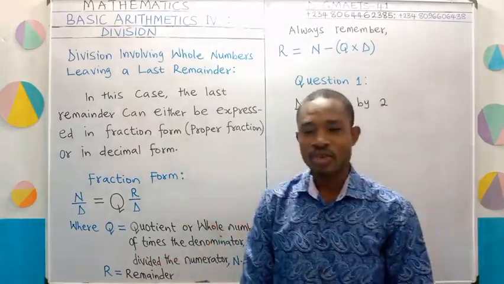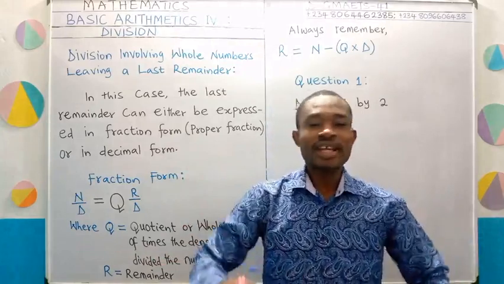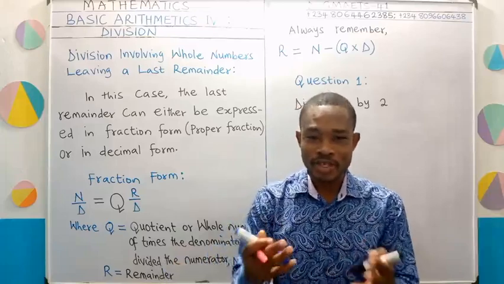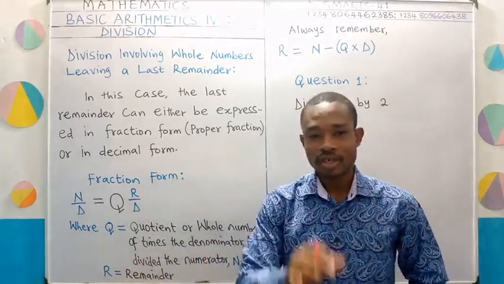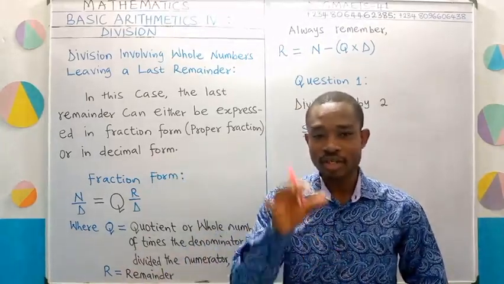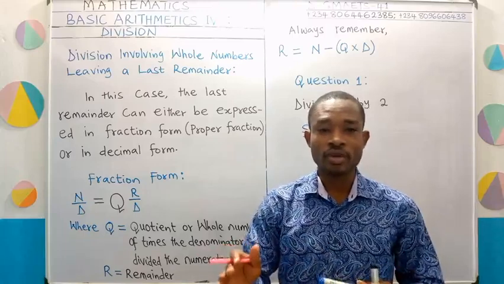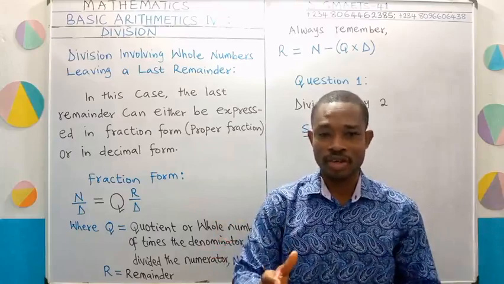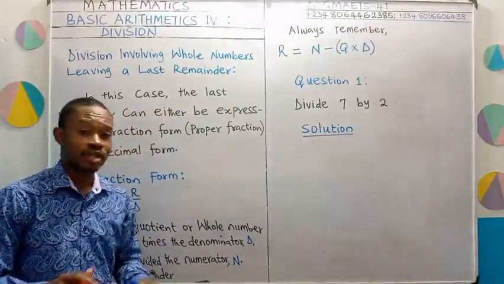Don't worry, when we solve questions you would see it clearly. Is that okay? Then another way in which we can express the last remainder is putting it in decimal form. Putting it in what? Decimal form. And these are the two different forms of expressing the last remainder which this video lesson is based on.